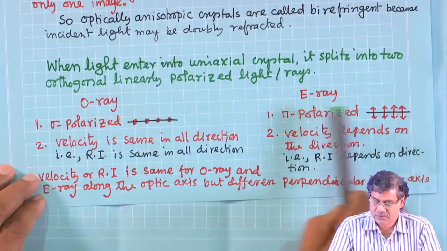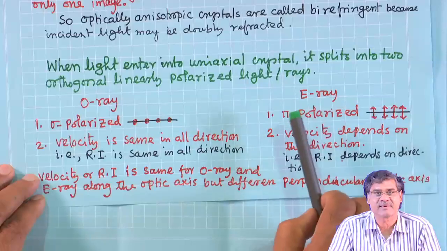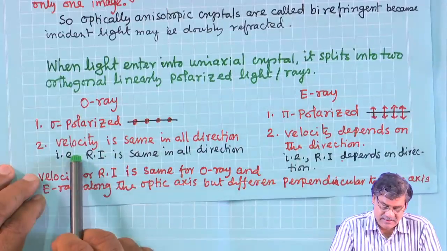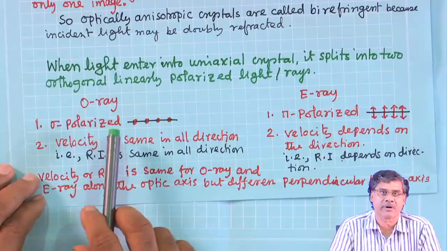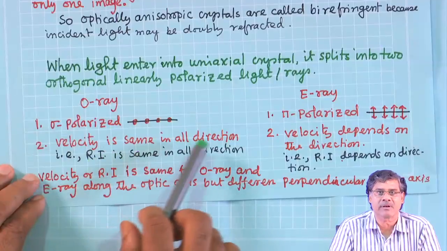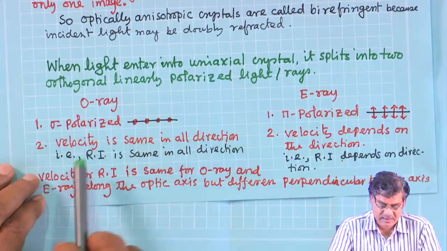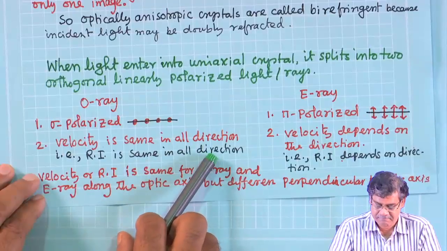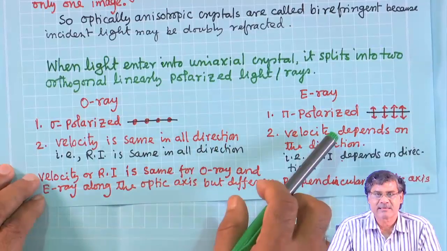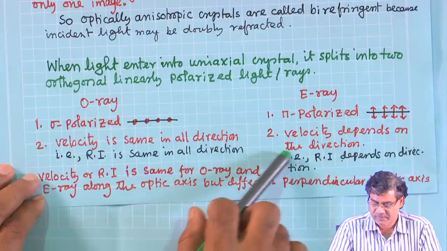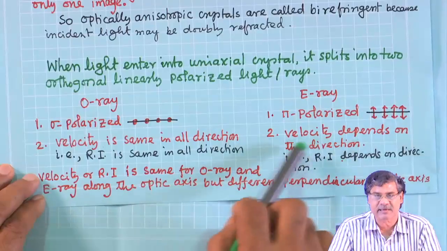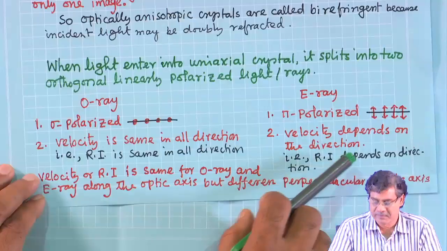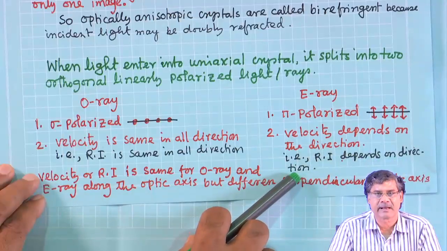Okay. Velocity is the same in case of the O ray, the ordinary ray, in all directions, means refractive index is the same in all directions. Okay. Whereas, in case of the E ray, velocity depends on the direction, that is, refractive index depends on the direction.